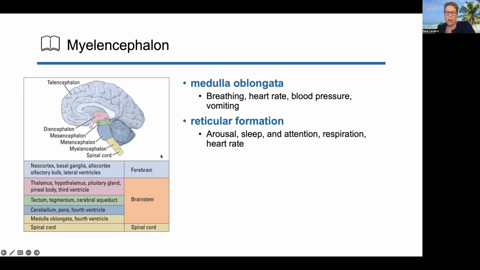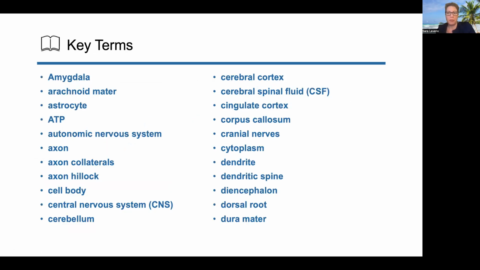And with that in regard, at the end of each chapter, I have the key terms that are included. There are many more key terms in the textbook, and these key terms are designed to show where you would focus more of your effort in terms of having some knowledge. They're all a little bit different in terms of how much you would need to know about them, from a basic familiarity, like it's connected to a word related to this, to something that you're going to need to know in more detail.